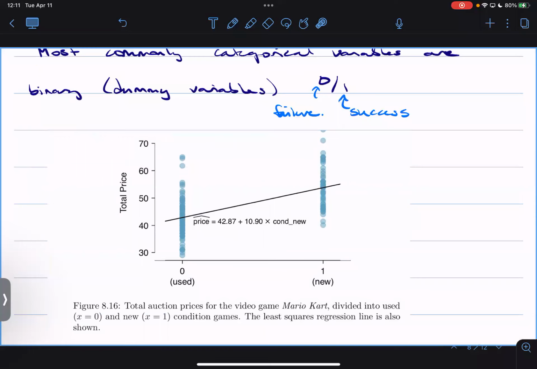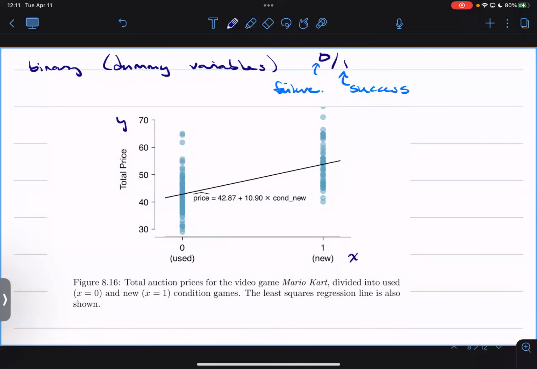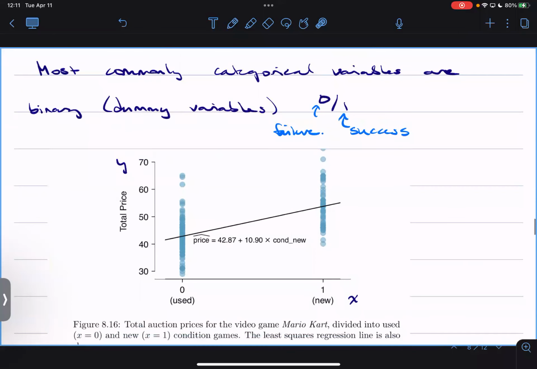Because the price is the Y. And our X is this binary variable, whether it's used or whether it's new. And the equation of the line is here, right?